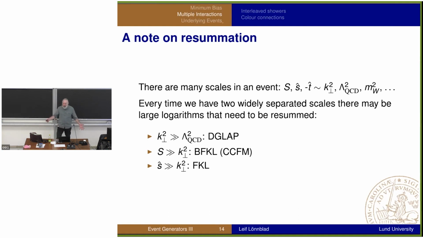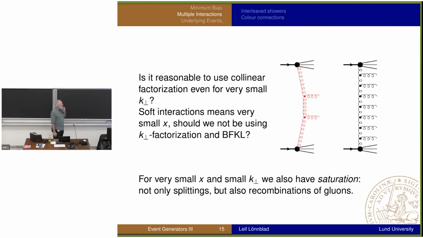And you can think about having, at the coming FCC, 100 TeV, an s hat where you have a W produced with a very large pT. And then you really have to worry about four or five different scales in the same event that need to be treated.